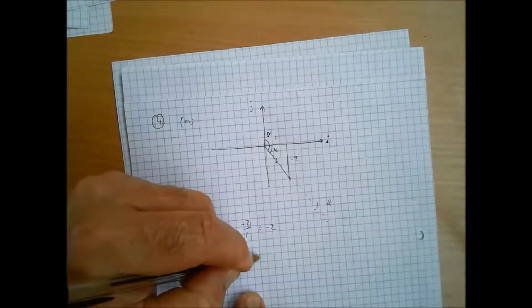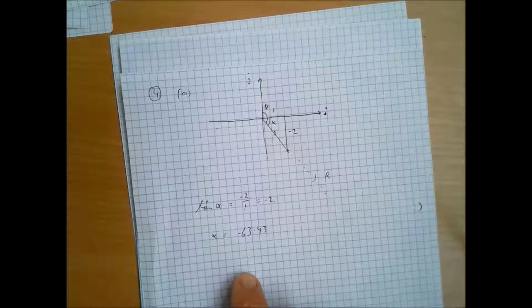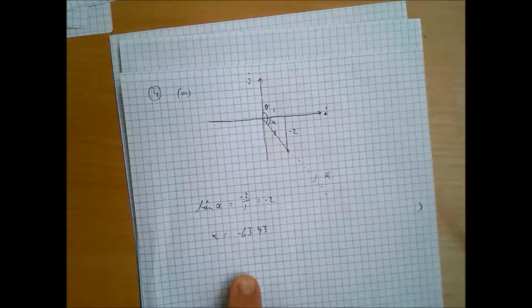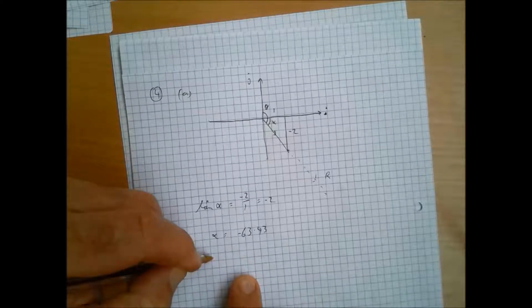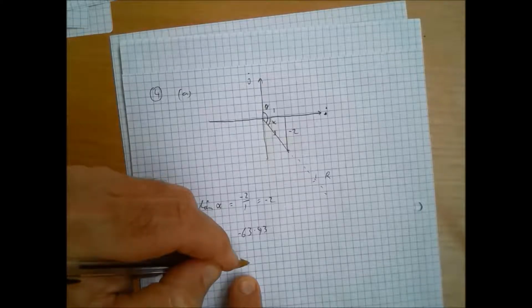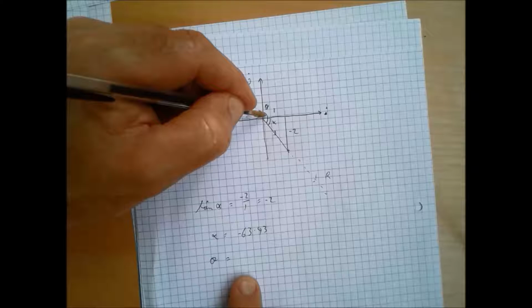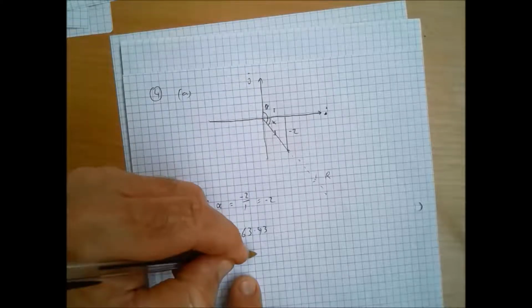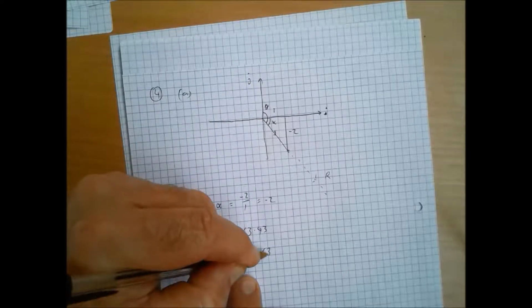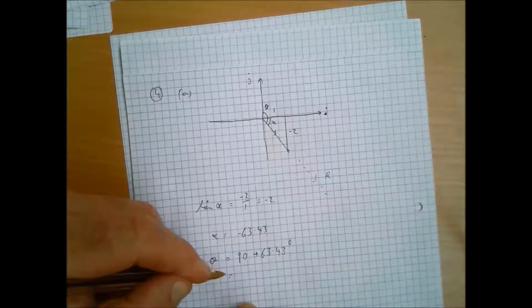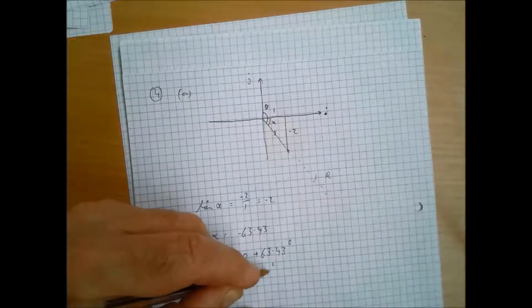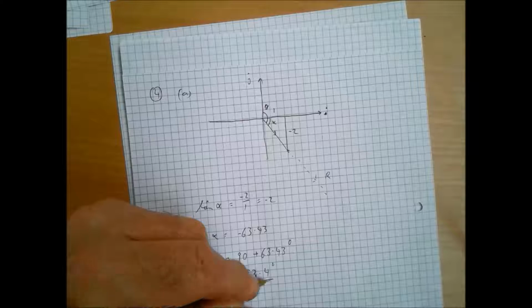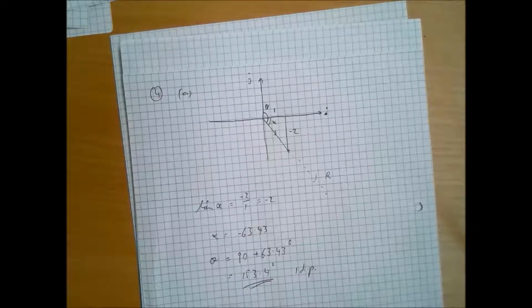For the purposes of what we're trying to do, it's actually a plus, so the actual angle, the magnitude, is 63.43. So the angle we're after, theta, equals the angle between the axes, which is 90 degrees plus 63.43 degrees, which comes out as 153.4 degrees to 1 dp.